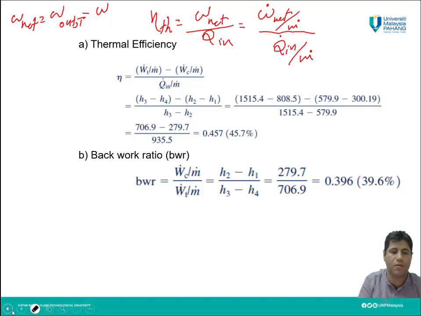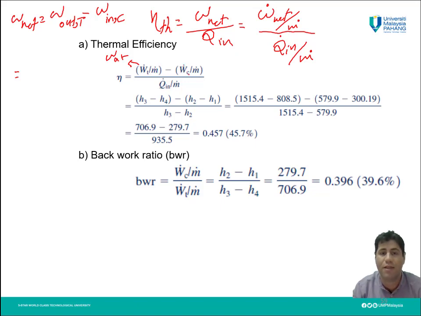So for the compressor we have W in C, and W out of turbine means it will be equal to W dot of turbine divided by M dot, minus W dot compressor divided by M dot, and similarly Q in, which is Q dot in divided by M dot. So we have this equation.